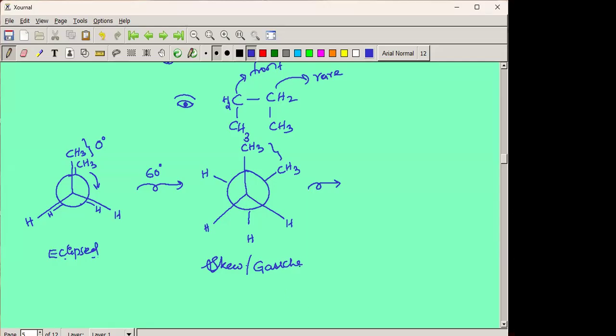Then if we rotate once again by 60 degrees, what do we get? Staggered, sir. No. What we get is H, CH3, partially eclipsed.